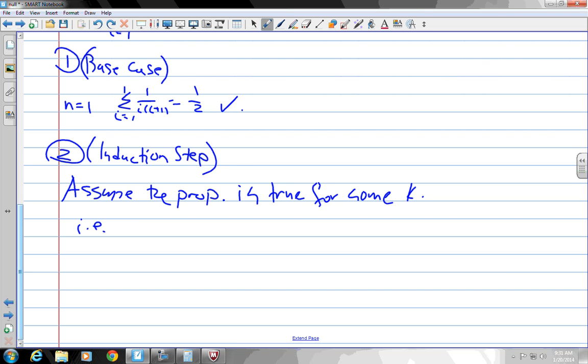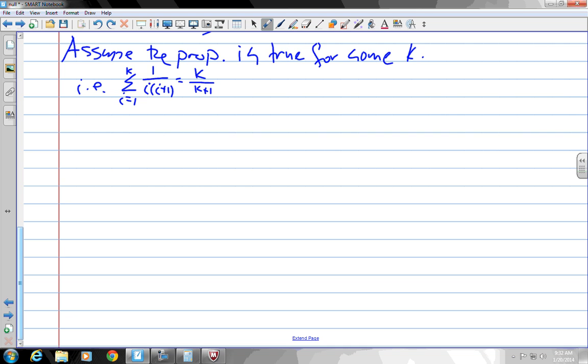Meaning the summation from 1 to k of 1 over i times i plus 1 equals k over k plus 1. Okay? And again, it's not a very stretched assumption because we showed that it's true for some case. Right? That's the base case.